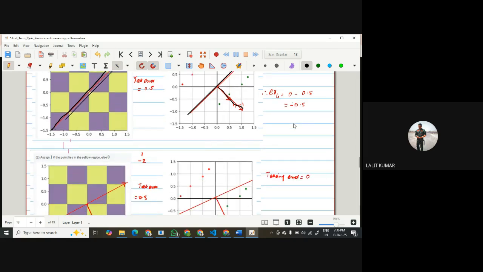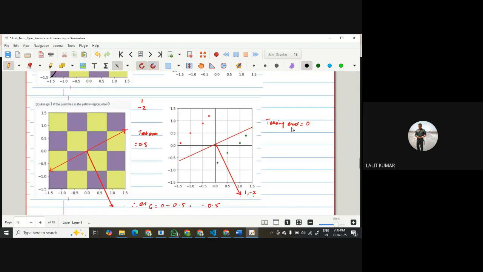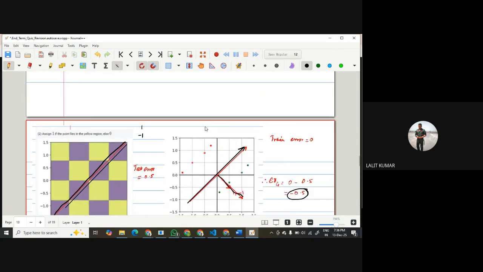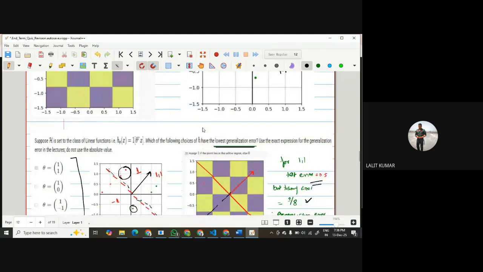So again, your train error minus test error will become minus 0.5. And the third also will become the same. You get the decision boundary, train error, and here again you get the same. So these are the 3 points, thetas, for which you get the lowest generalization error, minus 0.5.